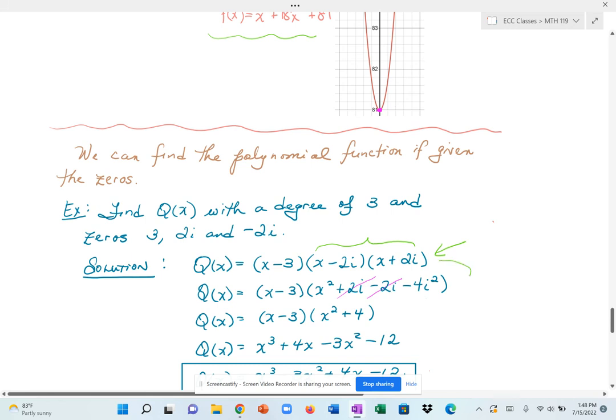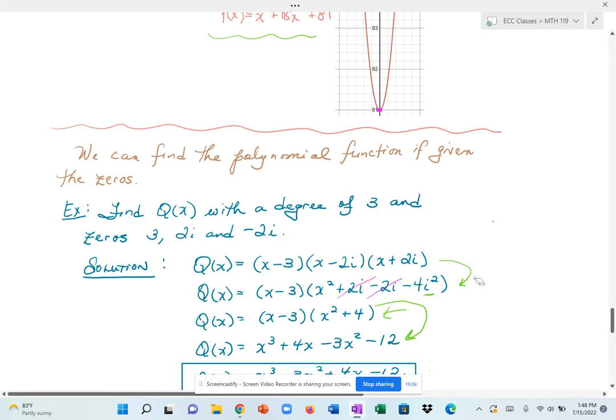And again, by the FOIL method, that's x squared plus 2i minus 2i minus 4i squared. The 2 i's will cancel out. And when you replace the i squared with negative 1, you're left with multiplying x minus 3 times x squared plus 4. And then I applied the FOIL method again.